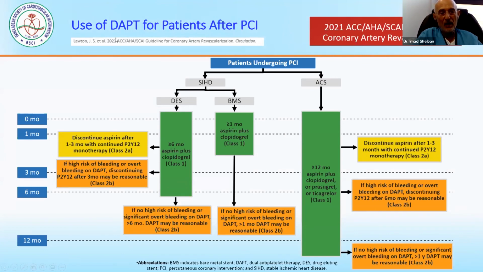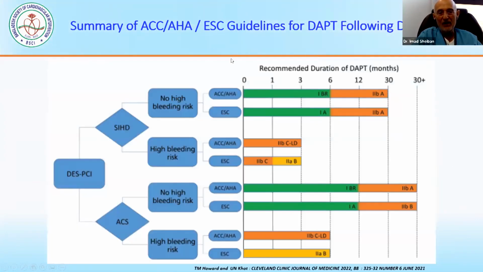This is coming from the most recent guidelines of the American Society of Cardiology. And I would say that it respects what we have seen from the trials I mentioned before, and this is the summary of guidelines, including the American College of Cardiology, American Heart Association, and the European Society of Cardiology. In stable and chronic ischemia, if there is no high bleeding risk, there is no change.